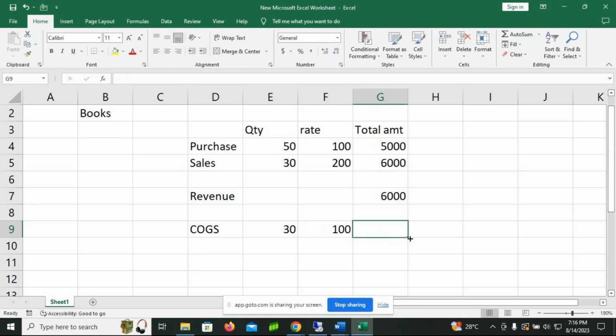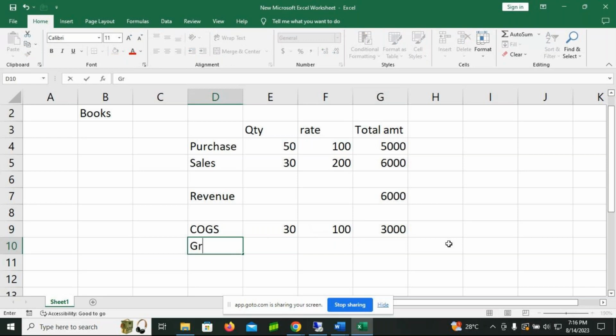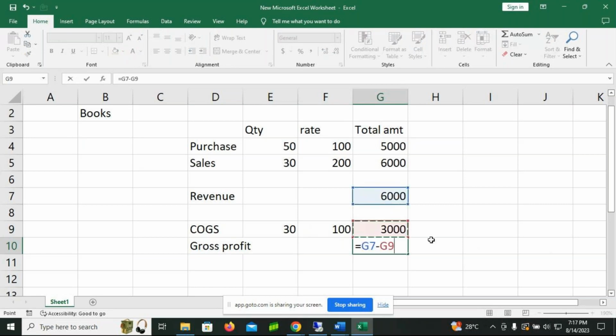It will be 30 into 100, so 3000 rupees I have spent. Okay, so understood till here? So my gross profit will be 6000 minus 3000. My gross profit is 3000 rupees.